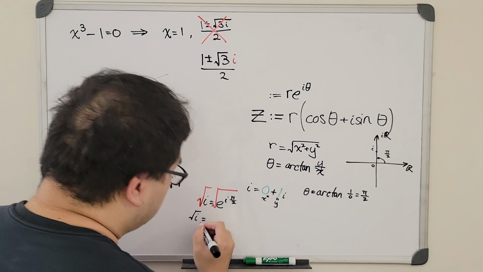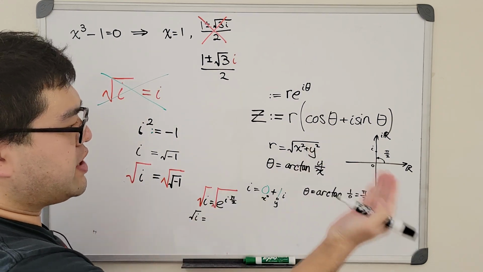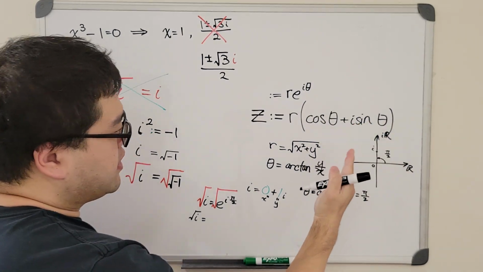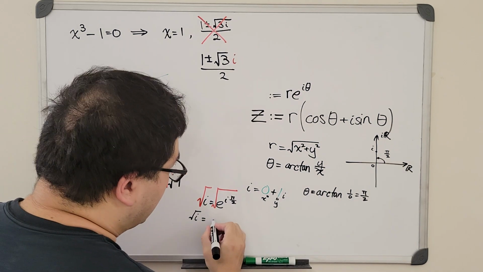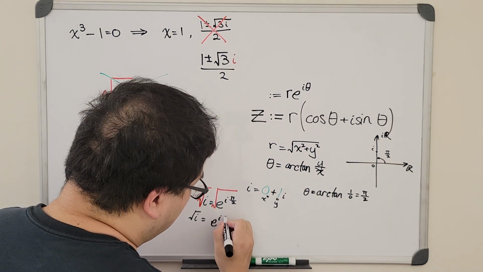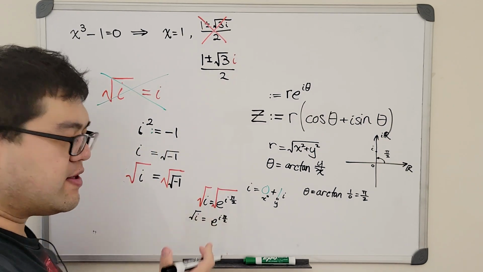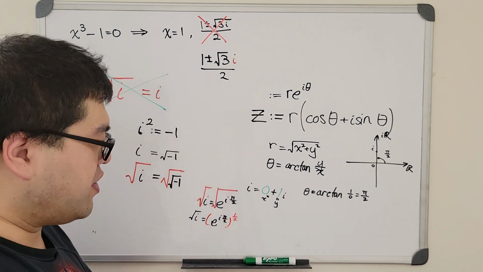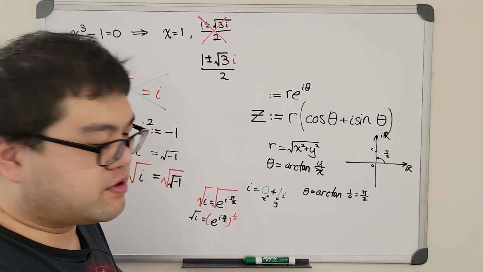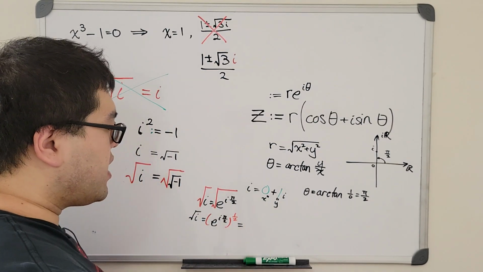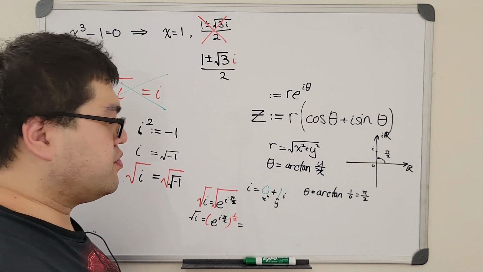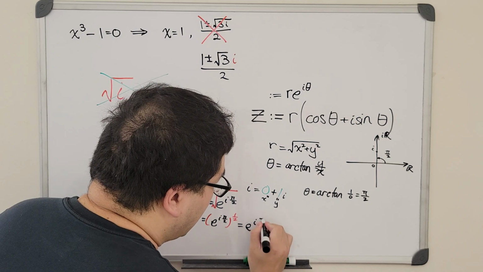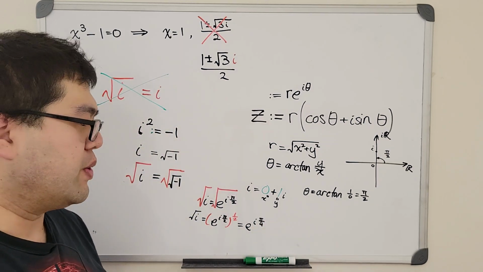So the square root of i, and in this case we take the positive square root, meaning we take the result from the first quadrant, gives e to the i pi over 2 raised to the 1/2 power, by definition of square root. Then we use the exponent rule and multiply the two exponents together to get e to the i times pi over 4.